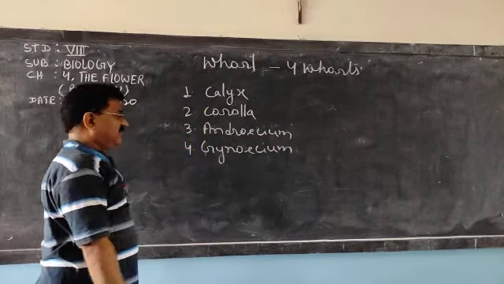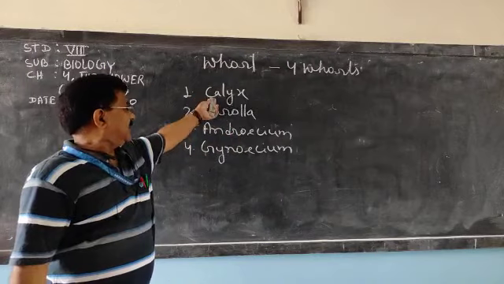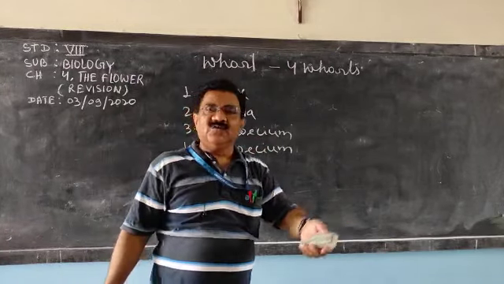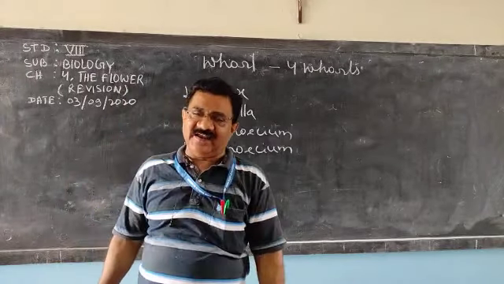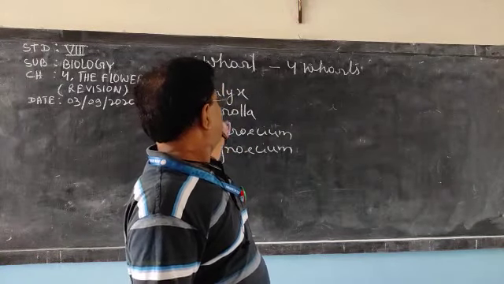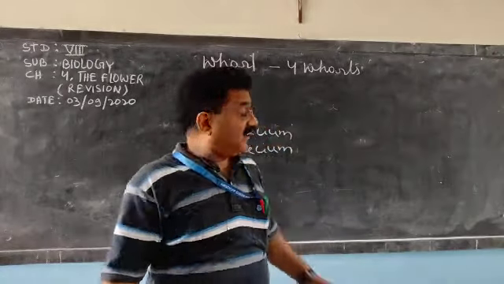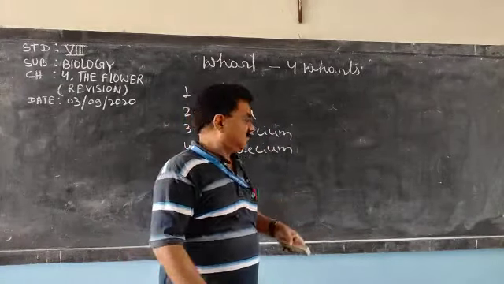So dear children, four whorls are there in a flower: calyx, corolla, androecium and gynoecium. If all the four whorls are present, the flower is called a complete flower. Now, let us discuss in detail about these four whorls.